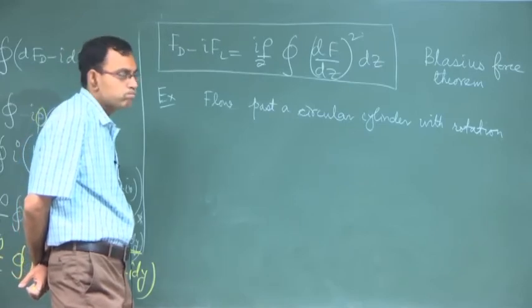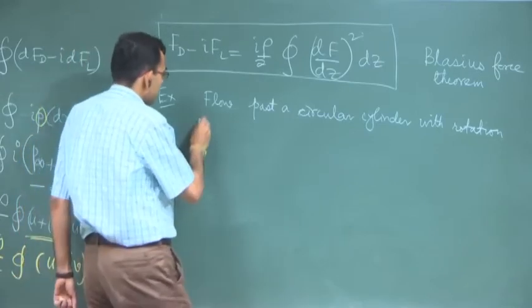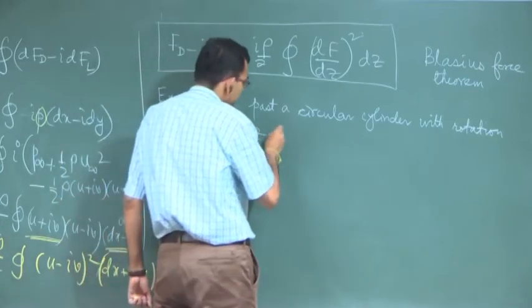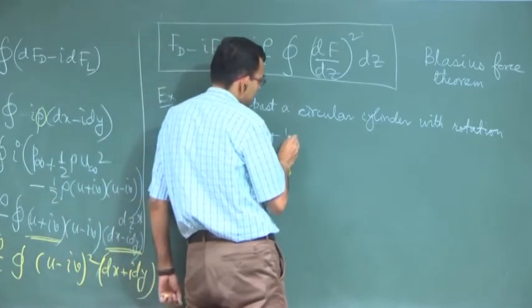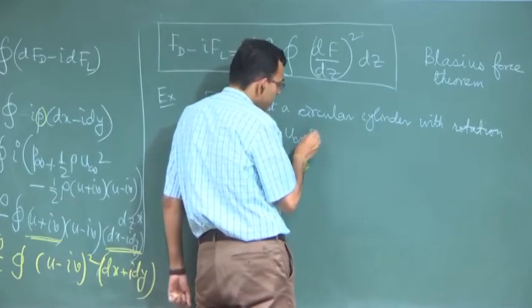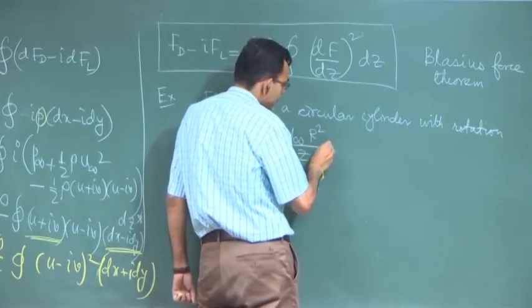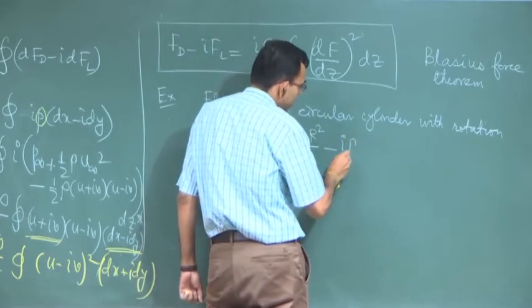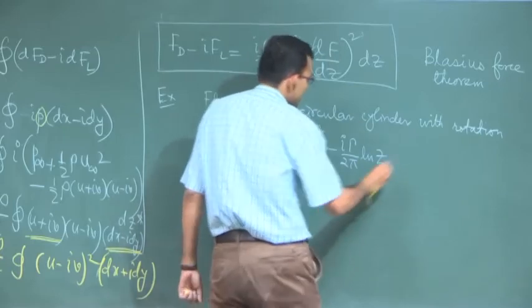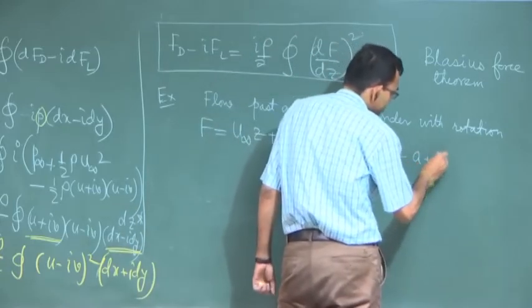Okay. So, in that case what is f? U infinity z plus m is u infinity r square, right, u infinity r square by z minus i gamma by 2 pi ln z plus a plus i b.